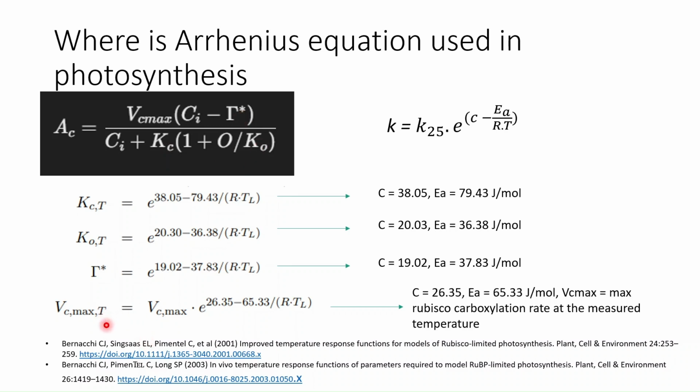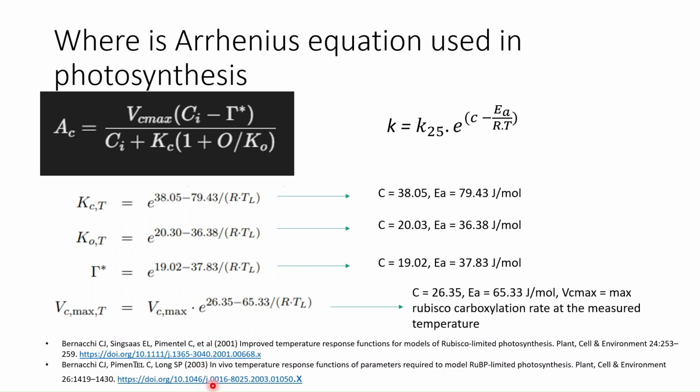Now Vcmax at any temperature is equal to the Vcmax at 25 degrees Celsius into the exponential of the scaling parameter, which is 26.35 in this case, and activation energy is 65.33 in this case. All these values we have obtained from these two papers by Bernacchi.